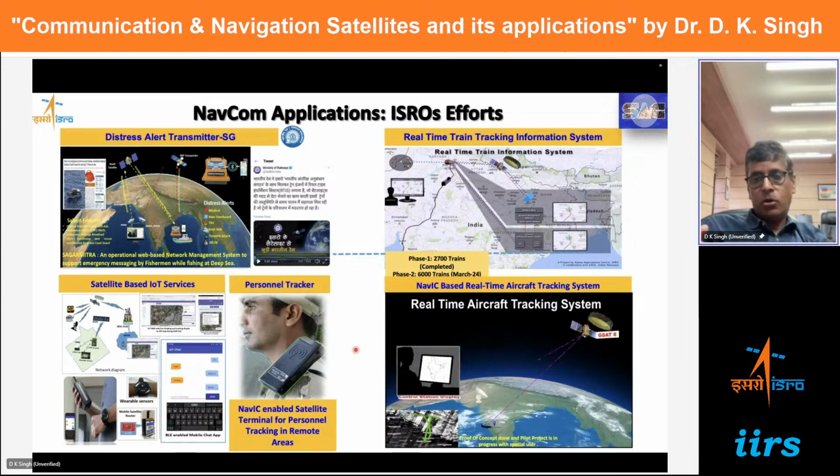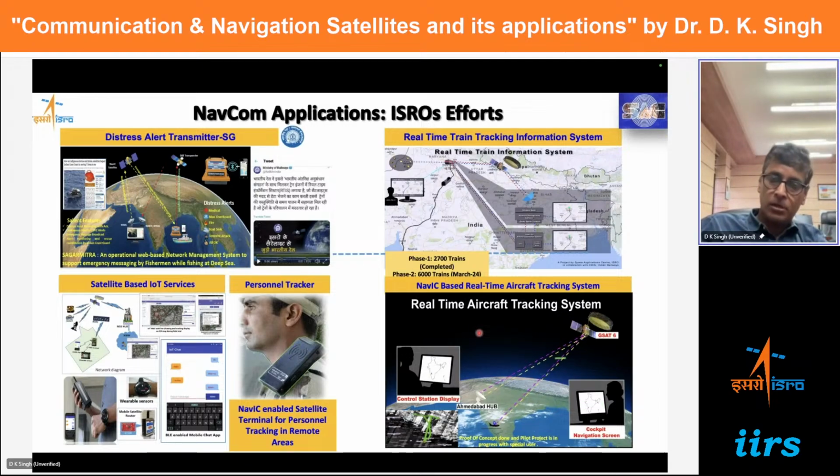Then there is a combo application where satellite communication and satellite navigation are merged together. So the position is transmitted in real time via satellite, because you are not getting the terrestrial network in all places, especially in the scenario of distress, or, let us say, railways.